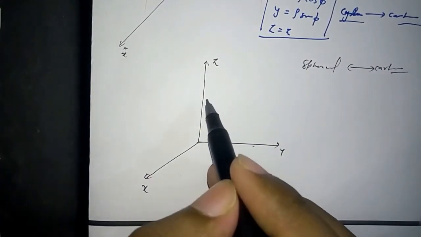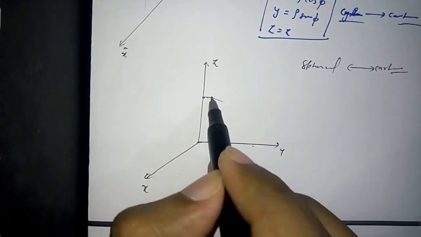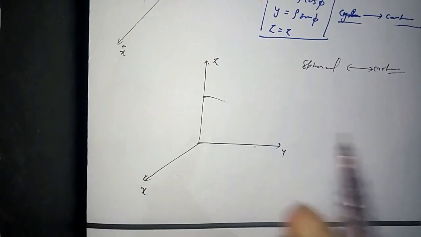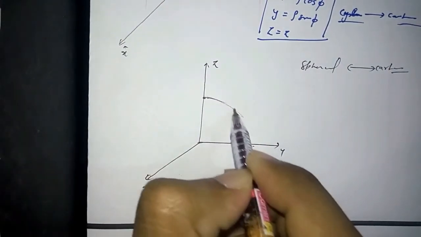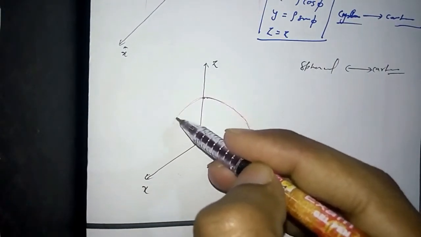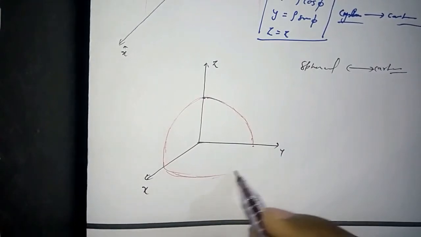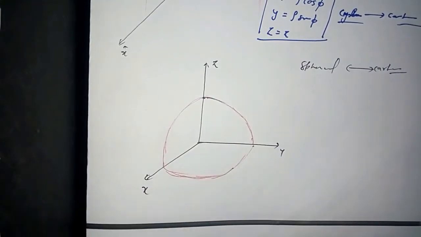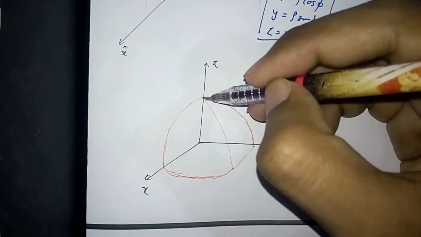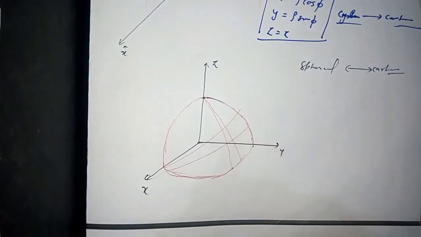Now we will draw the positive sphere, this part of the sphere which is at the positive of all the axes, okay. So like this is a sphere, like, okay.